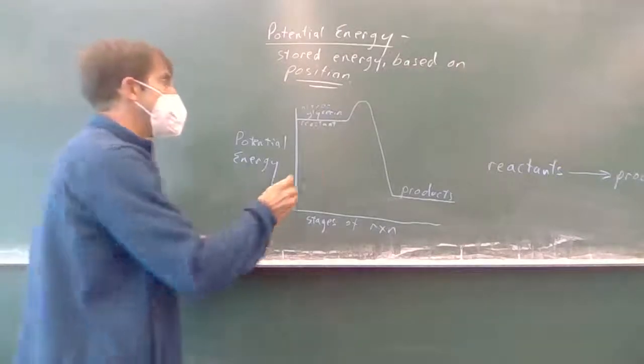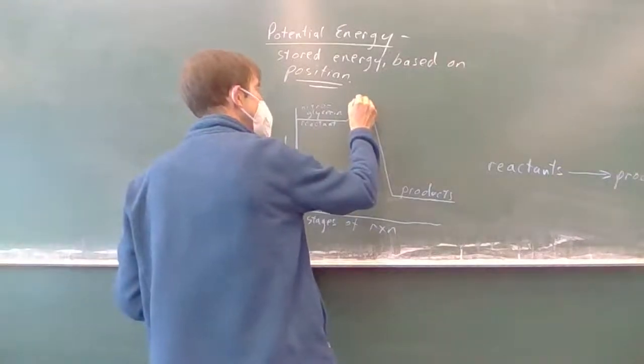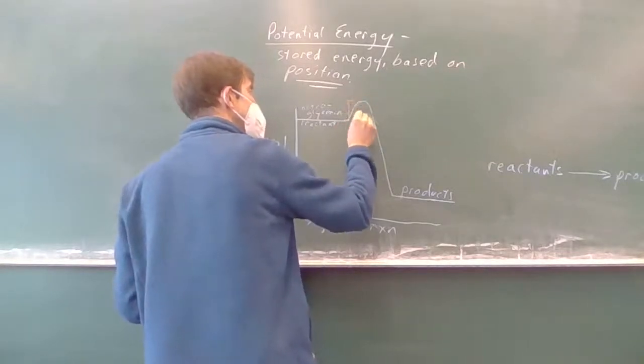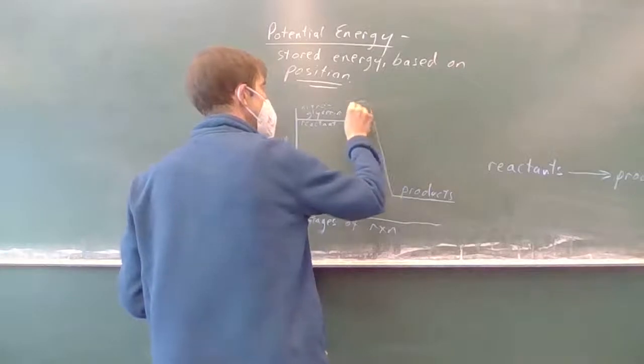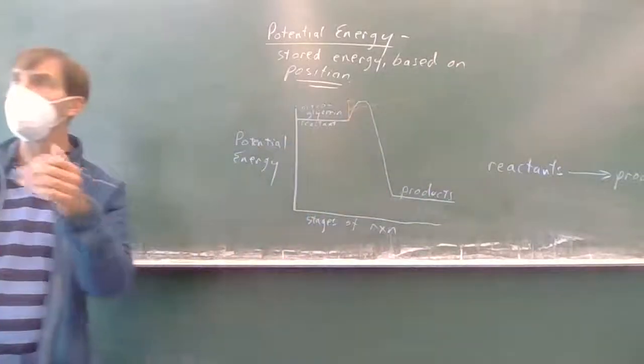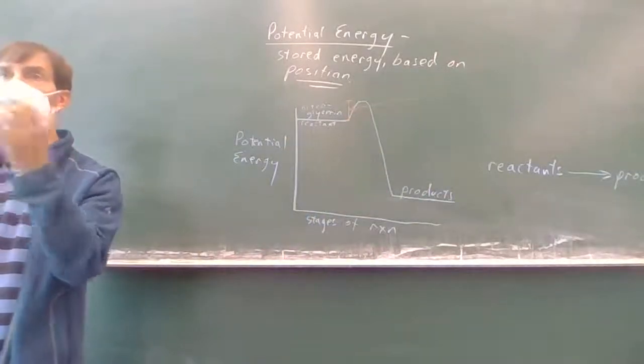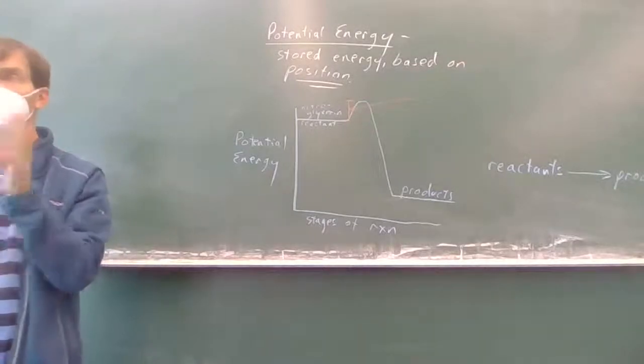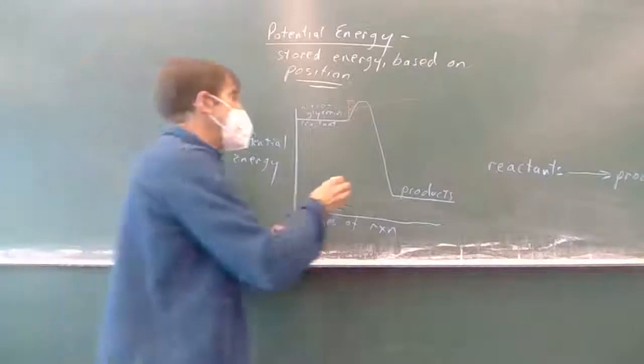So what I'm trying to say is, I still have to add some energy. I have to add this much, don't I? And that's the energy needed to make the molecules do what? React, collide, right? Collide enough to react.